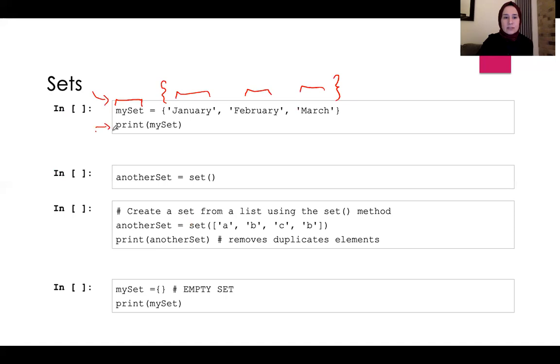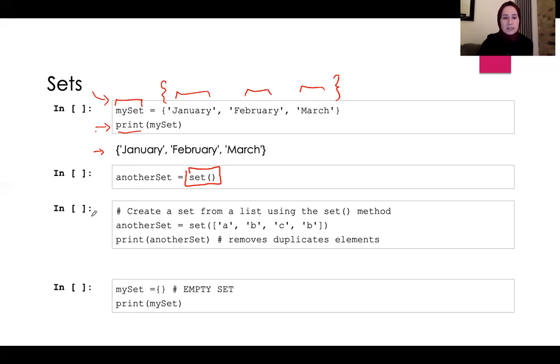Using the print function, you can print the content of your set. When you run this piece of code, this is the result you will get, with the curly brackets here. To create another, empty set, you can use the set method here, and this will create an empty set for you.